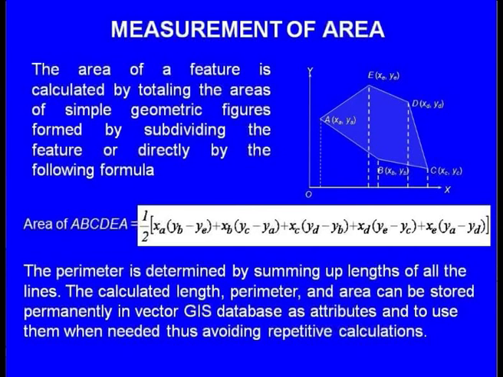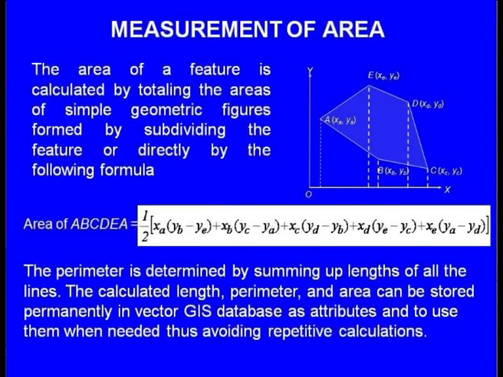So, using the polygon which has been shown in the figure, the area of the polygon A, B, C, D, E, A can be expressed as half within brackets xa multiplied by the difference of yb minus ye, plus xb multiplied by the difference between yc minus ya, plus xc multiplied by the difference between yd minus yb, plus xd multiplied by the difference of ye minus yc, plus xe multiplied by the difference between ya minus yd.